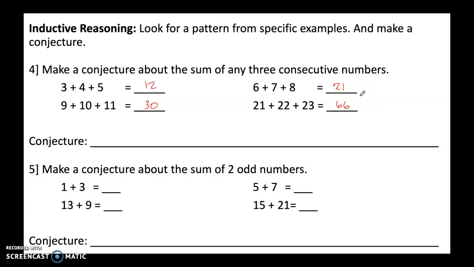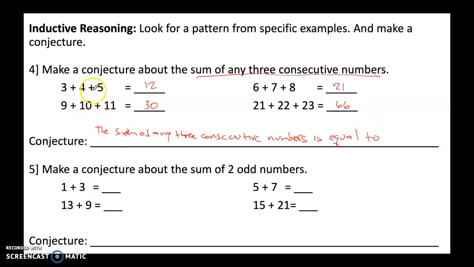Now let's look for the pattern of the sum of any three consecutive numbers. So the conjecture that we can have is the sum of any three consecutive numbers is equal to... let's check for the pattern.